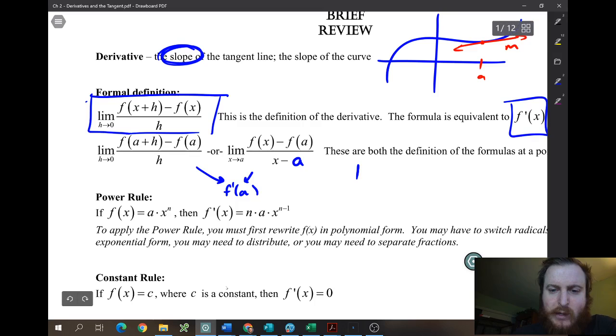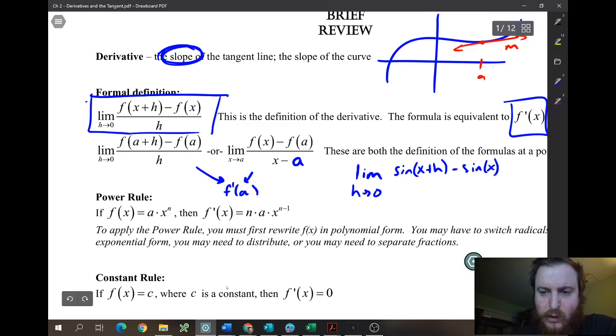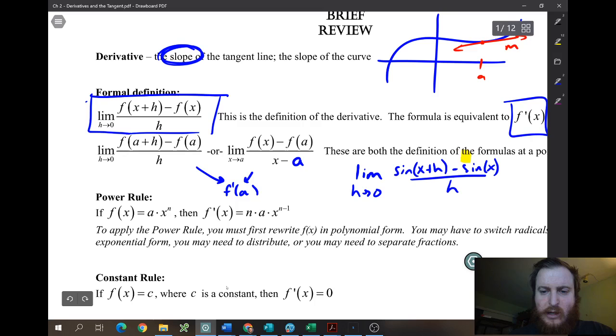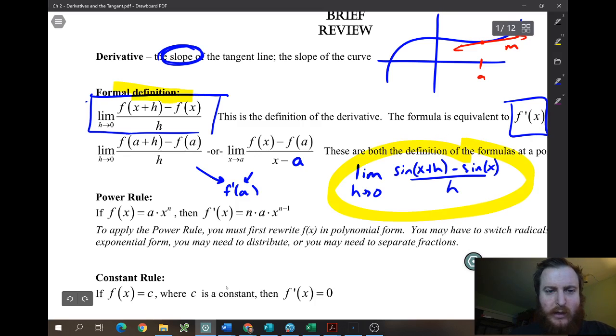And essentially what happens is they might give you something like this: the limit as h approaches 0 of sine of x plus h minus sine of x all divided by h. And what this question is essentially asking you is, did you recognize this formula as being the definition of the derivative? And so all they really want you to do is actually just take the derivative of sine of x.